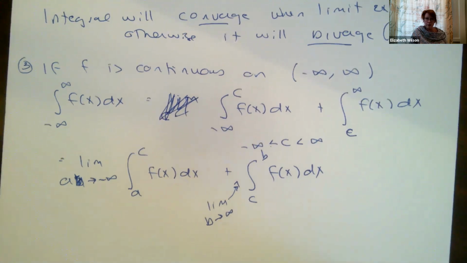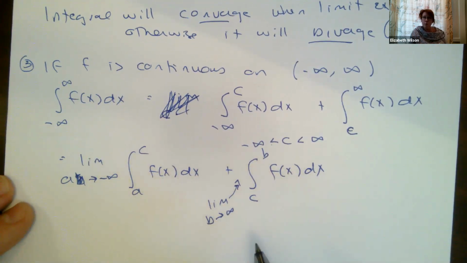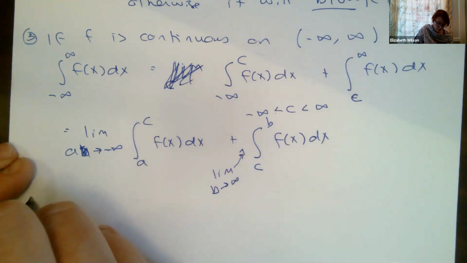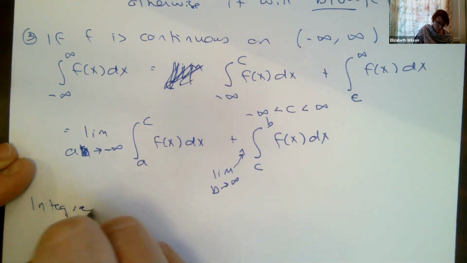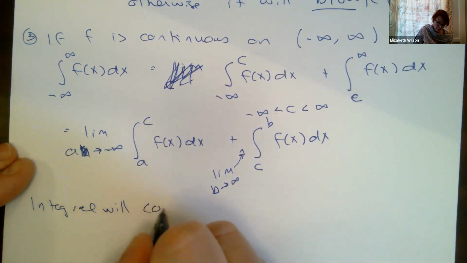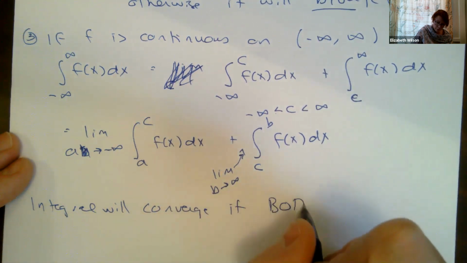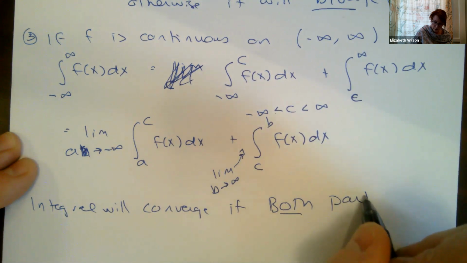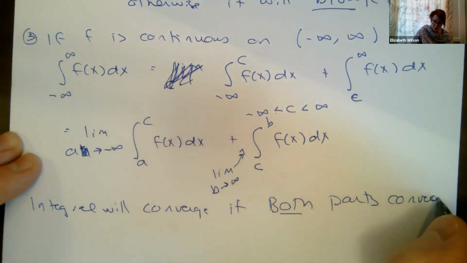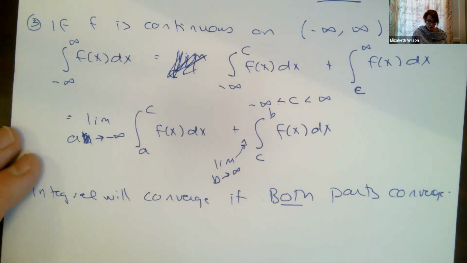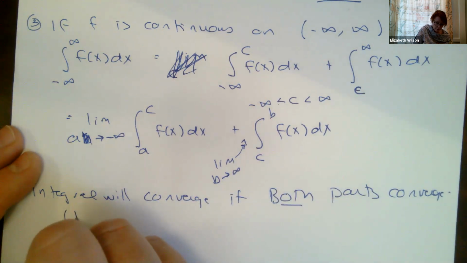Now, this integral will converge if both parts converge, and it converges to whatever their sum is. So both limits need to exist.